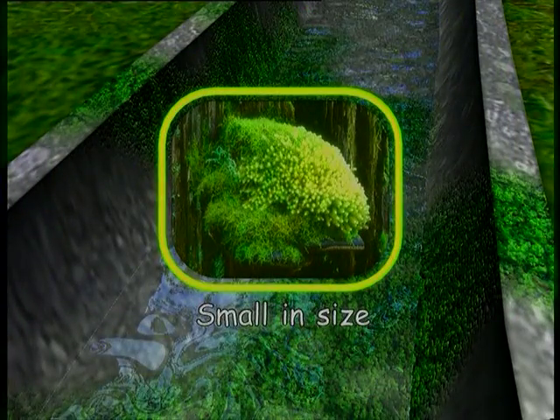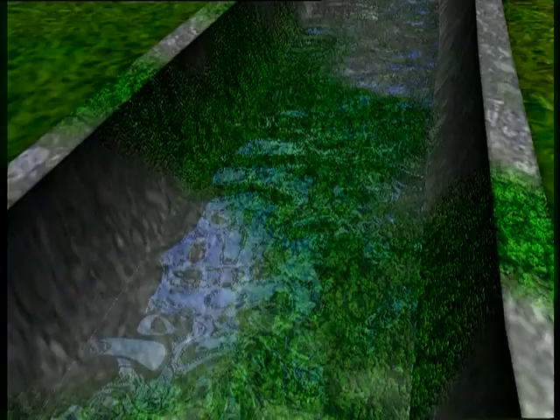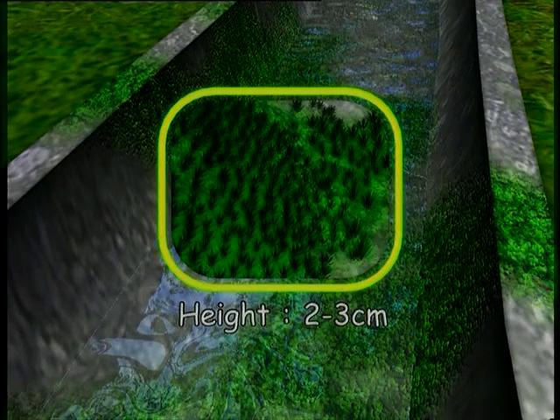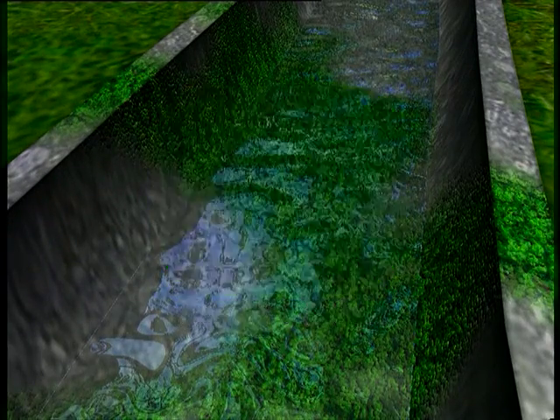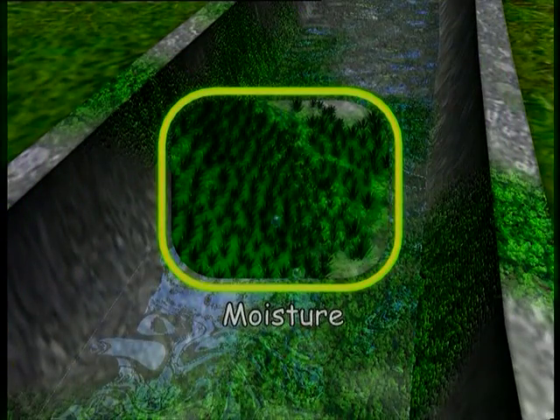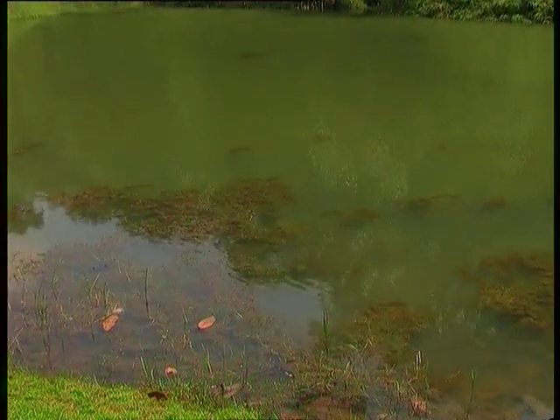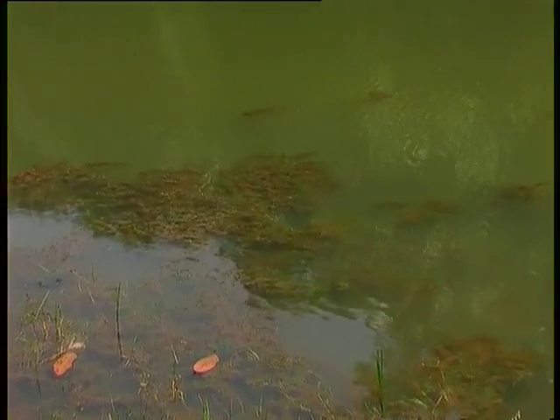Mosses are small in size. They grow to about 2 to 3 centimeters in height. Mosses depend on external moisture to transport nutrients. Because of this, they prefer damp places. Mosses also hold loose dirt in place, thus preventing landslides.